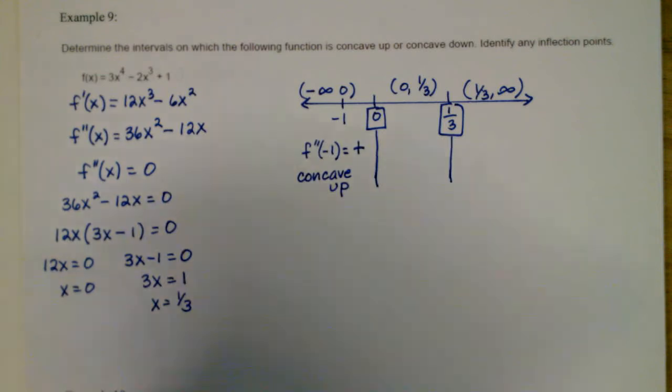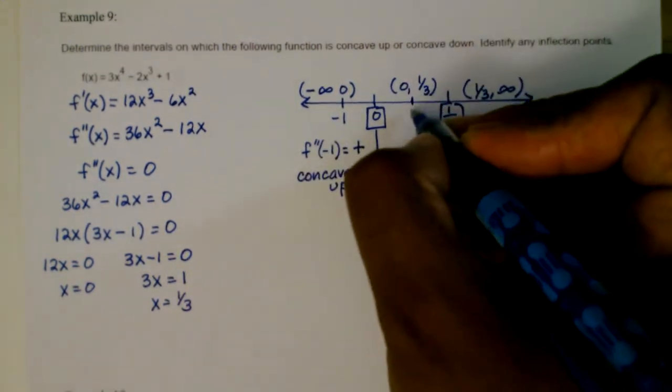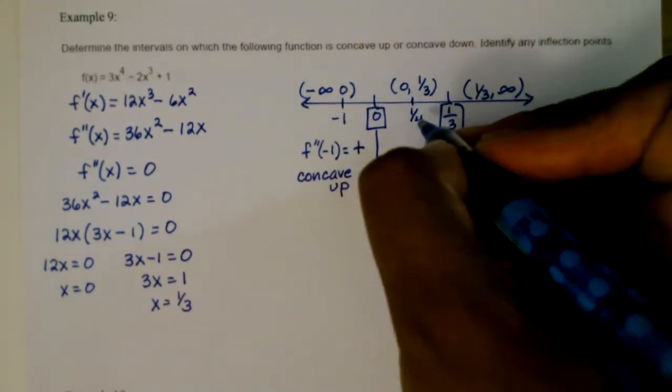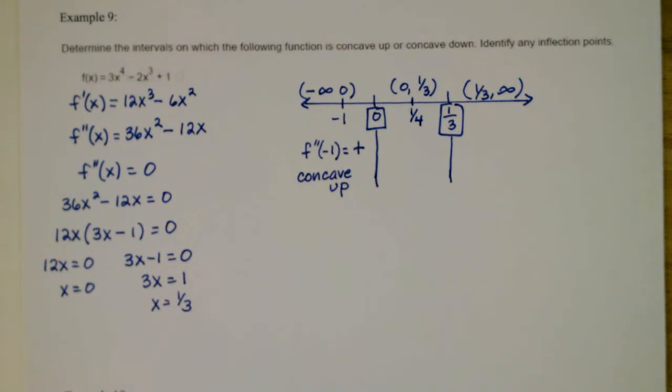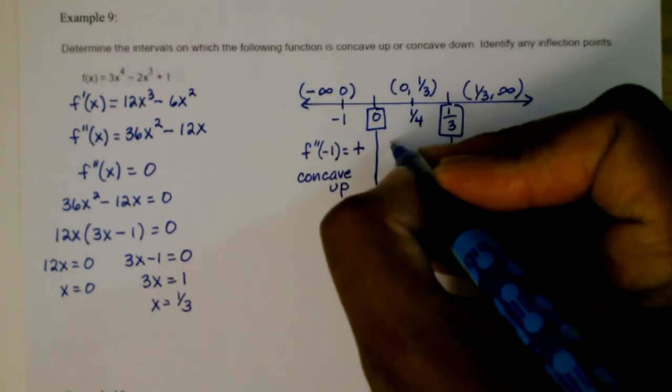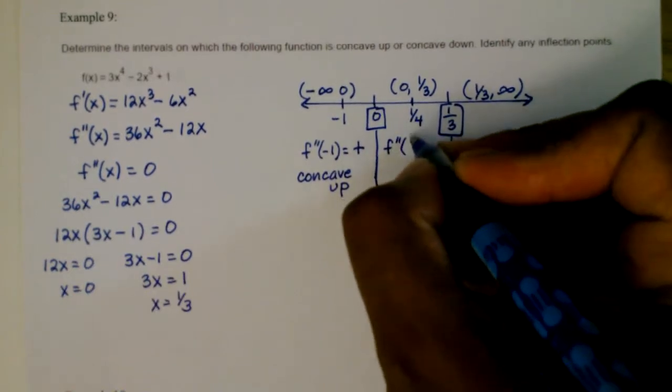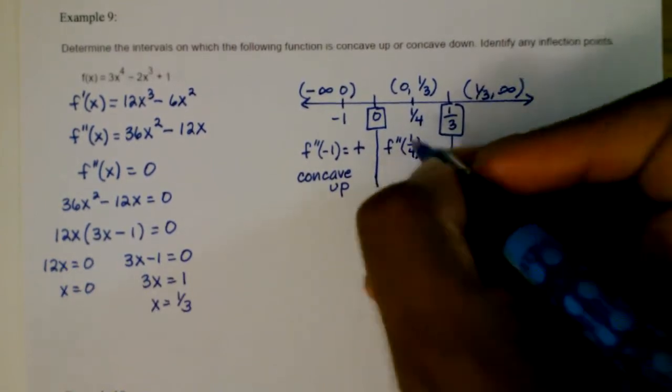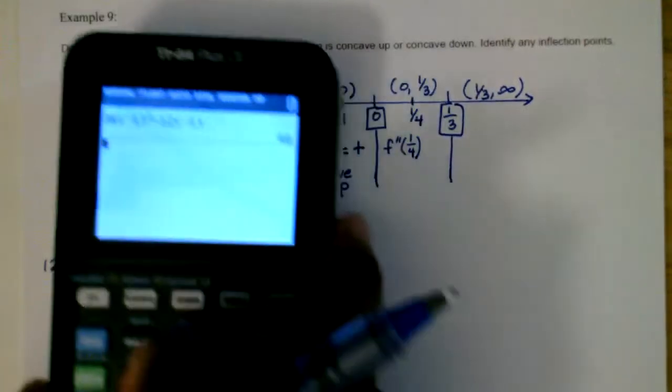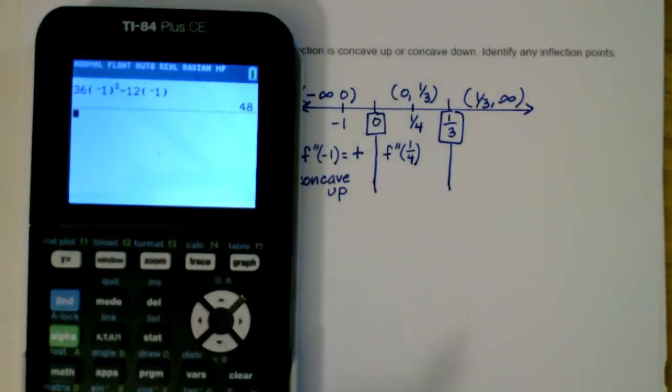Now for 0 to 1/3, I have to choose a fraction here like 1/4, because 1/4 is less than 1/3. And I'm going to find out what the sign is for f double prime of 1/4. So here I'm going to do 36, then left parenthesis 1 divided by 4, close parenthesis, squared.